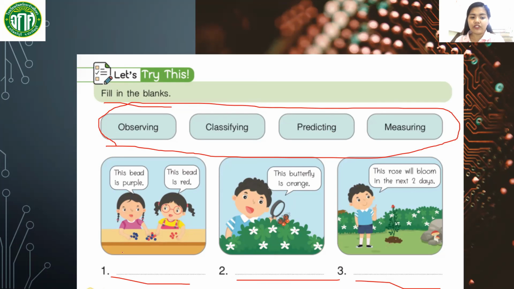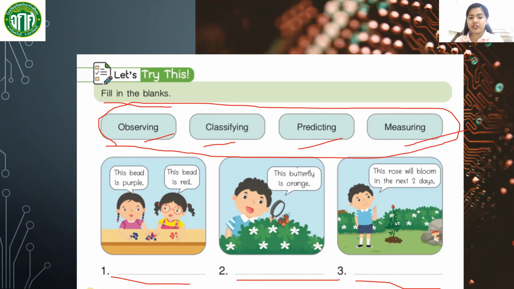In the first picture, what are the girls doing? This bead is purple. This bead is red. What do you think they are doing? They are sorting the blue bead and red bead. Choose your answer here. Is it observing, classifying, predicting, or measuring?